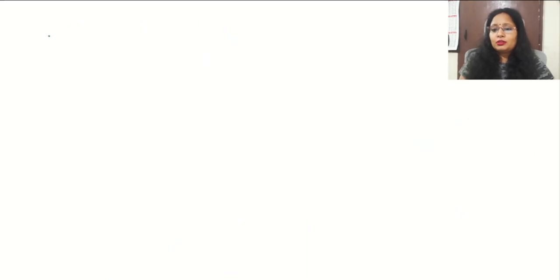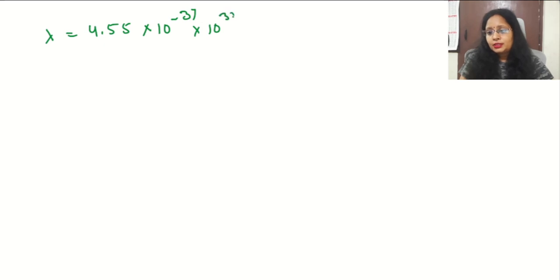So we got lambda equal to 4.55 into 10 to the power minus 37 into 10 to the power plus 33 into 10 to the power minus 6. First we add the same signs, minus 37 and minus 6. 37 plus 6 becomes 43, with a minus sign.